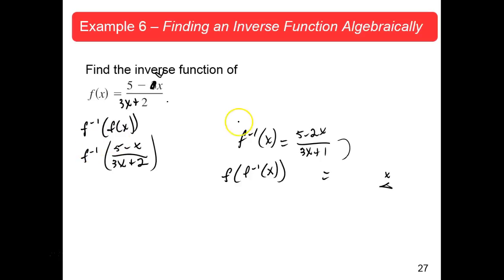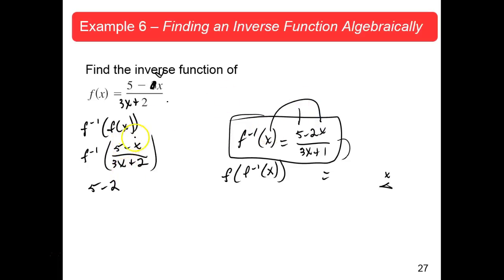The inverse function right here starts with what? 5 minus 2. But instead of x, we put what's in the parentheses, which is 5 minus x over 3x plus 2.